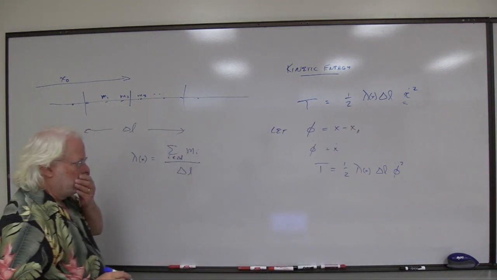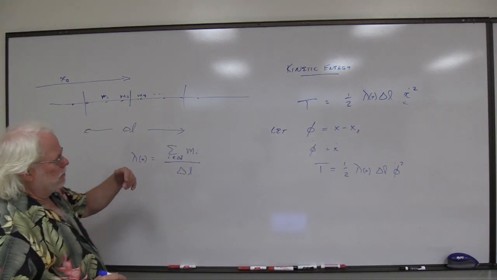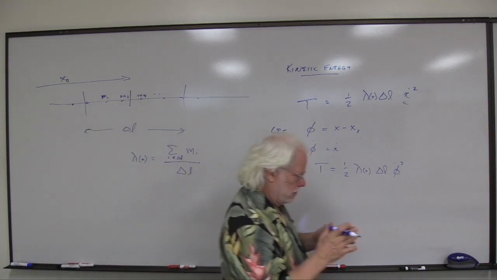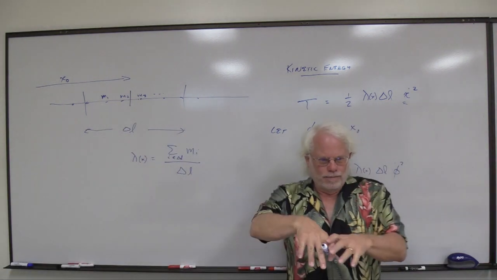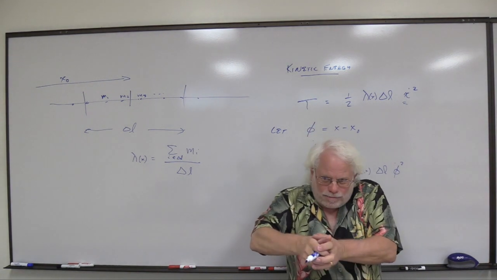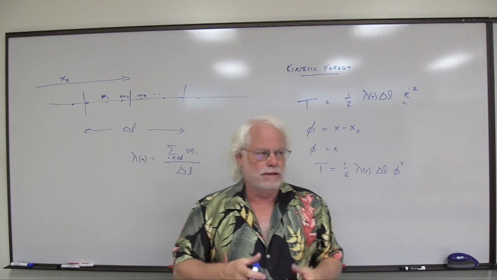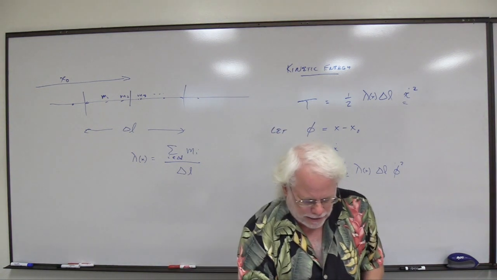And what I want to do here is let phi go to a continuous variable. So think of phi as the displacement of this bunch of particles, a very small displacement away from its equilibrium.